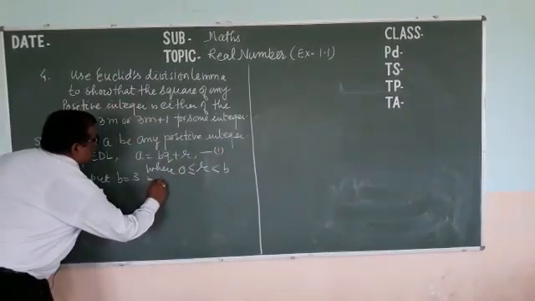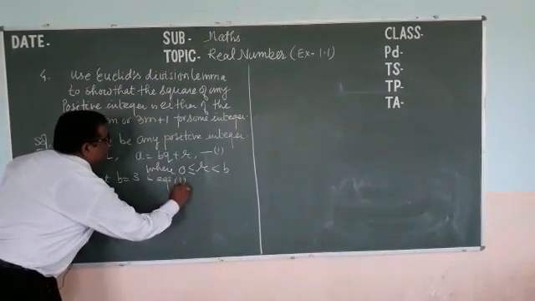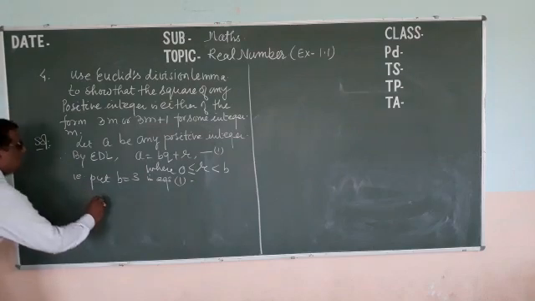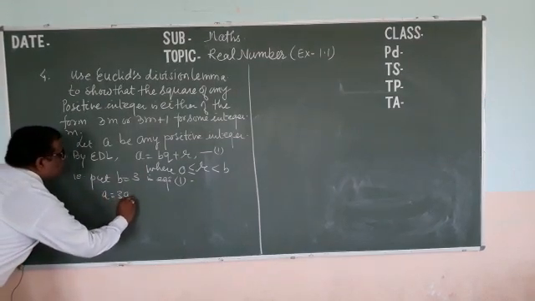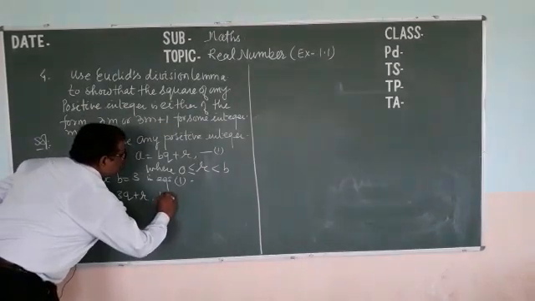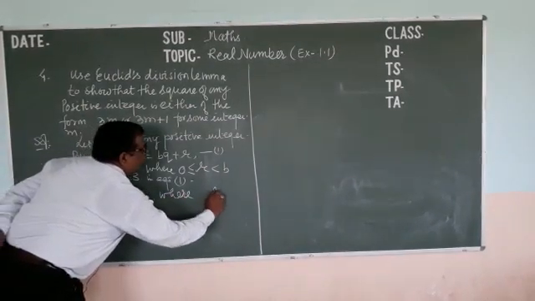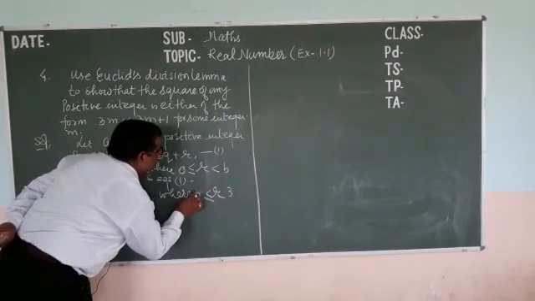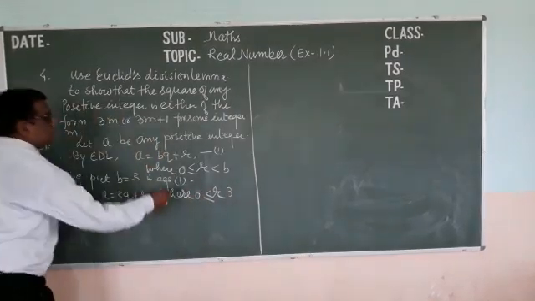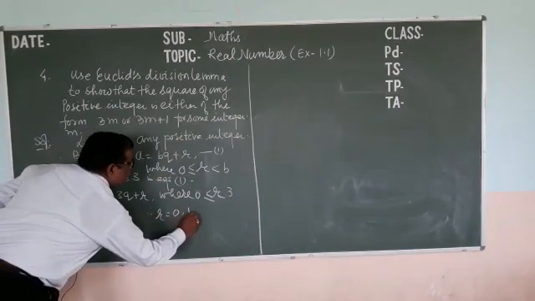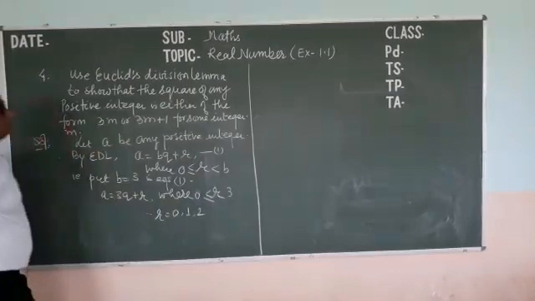So this equation takes the form a is equal to 3q plus r, where r is greater than or equal to 0 and less than 3. Therefore r is equal to 0, 1 and 2.